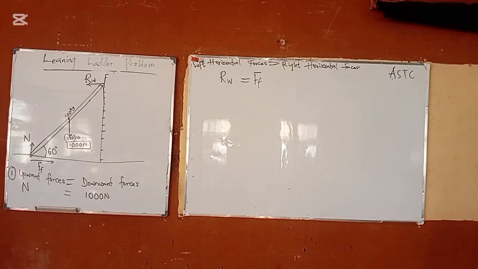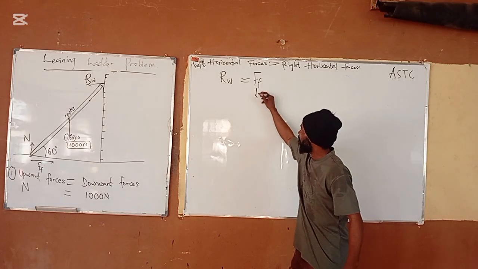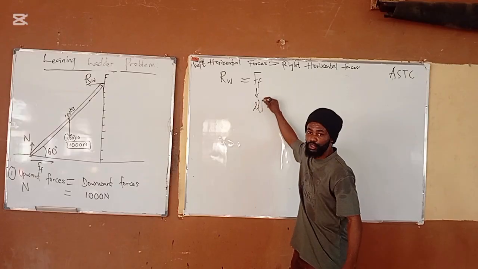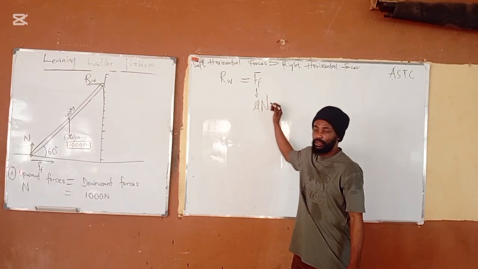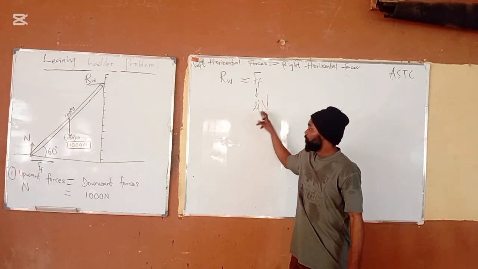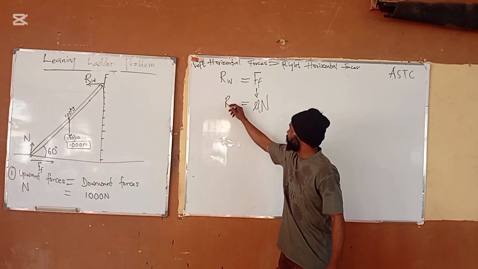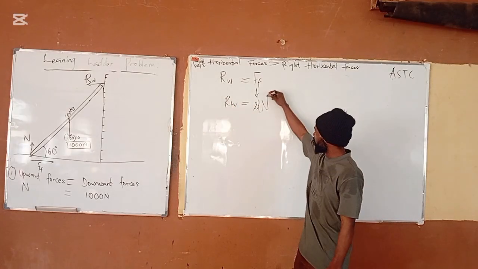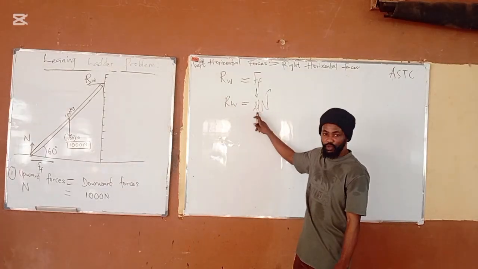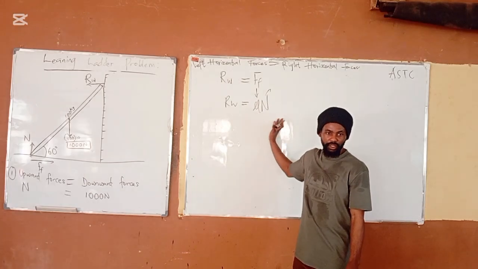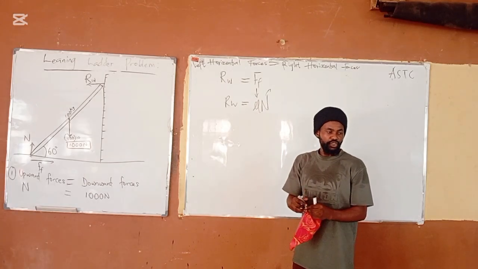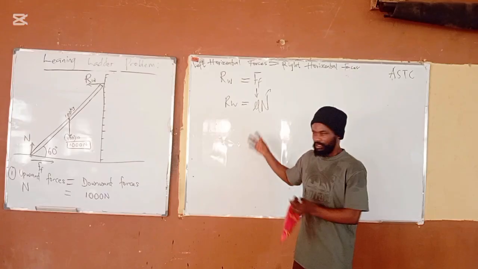Provided you know this, whatever your RW is, if they tell me to find the frictional force, I know that frictional force is also always mu times N, the normal reaction. So all I will do is set this RW equal to this as well. Let's say they give me a normal reaction and I have the coefficient of friction in my question. It's the same thing.